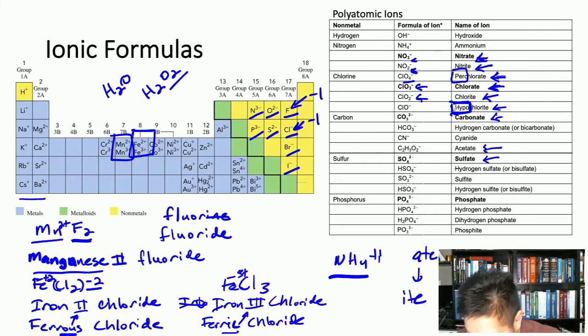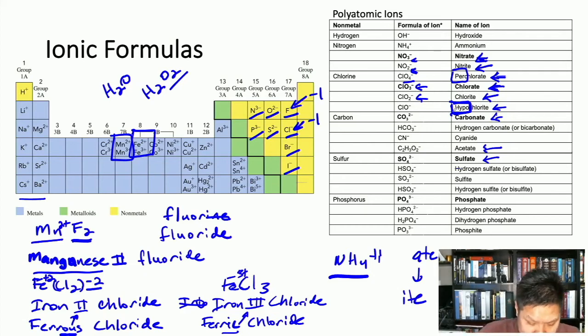The other thing to notice about the polyatomics is that there are a couple that don't follow the rule, like ammonium, which we already talked about. Ammonium is special because it's a +1 charge.